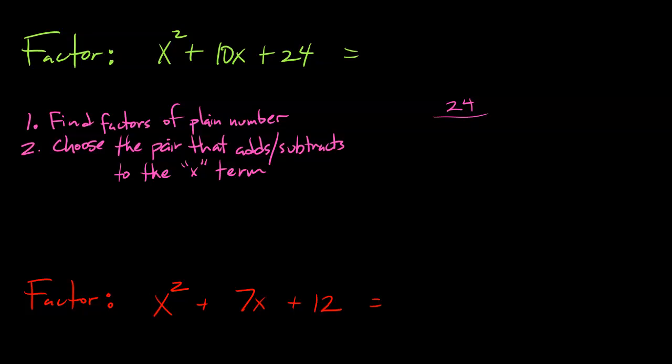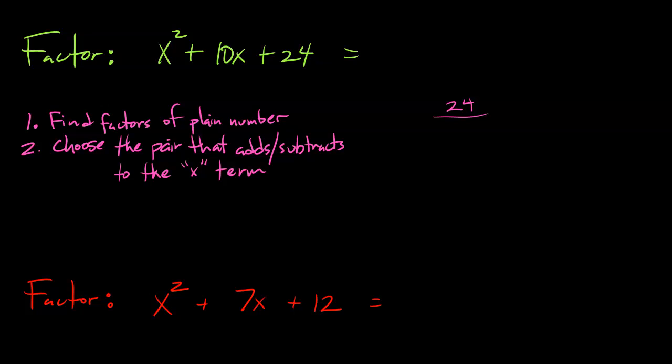Like there's kind of a logical way to come up with them. How do you do it? Okay. What would be the first pair we always pick? What times what is 24? First pair should always be, well, that's 100% true.